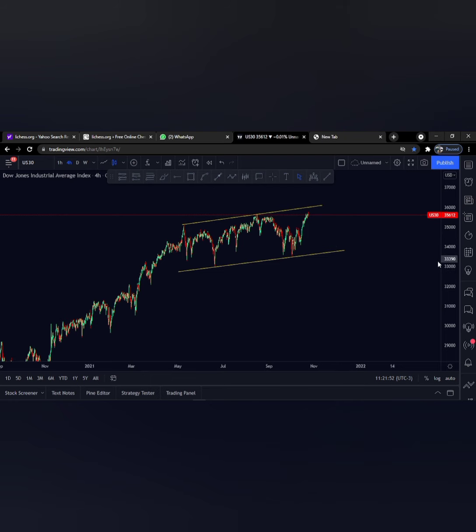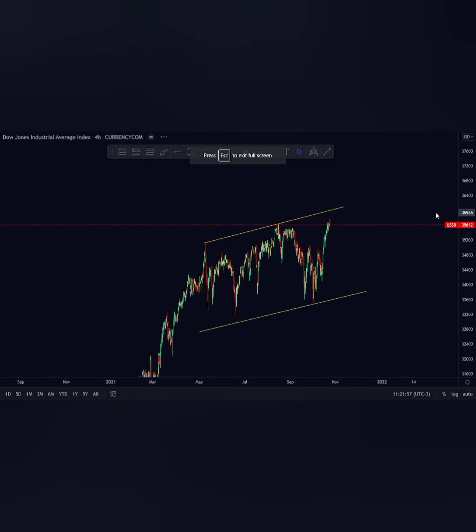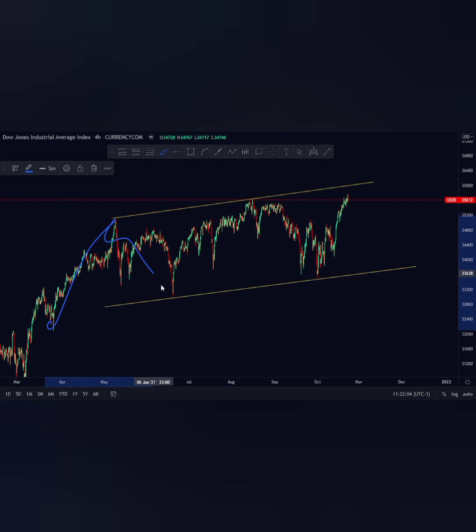You can also refer to it as a bullish channel. Why? Because it has a sequence: a low, a high, a low, a high, a low. We're anticipating a new all-time high before a lower low.